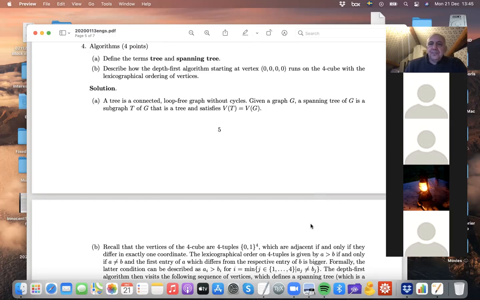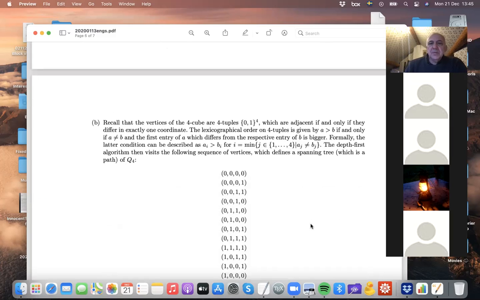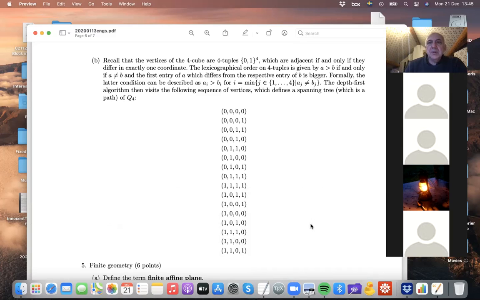Okay. And here is the answer to the second part of this problem, which I think is a little bit tricky, maybe. So vertices of a 4-cube can be identified by sequences of zeros and ones of length 4. We have 4 positions for 4 directions.